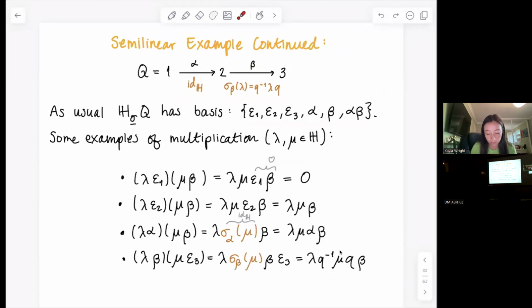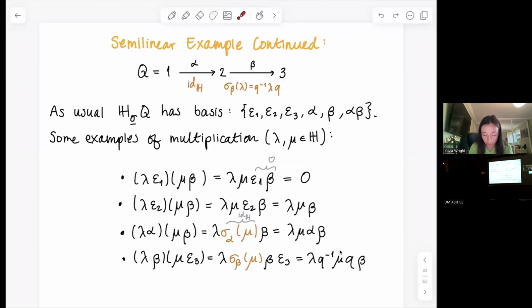If we wanted to multiply a scalar times epsilon1 by a scalar times beta, we can still use the same rules that we had in the usual path algebra. So for instance, epsilon1 times beta is still going to be 0 in the semilinear path algebra. But if the concatenation makes sense, for instance in the second line here, epsilon2 beta, then we still have that it's the usual beta in the semilinear path algebra.